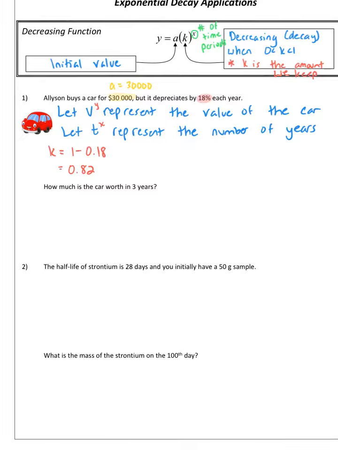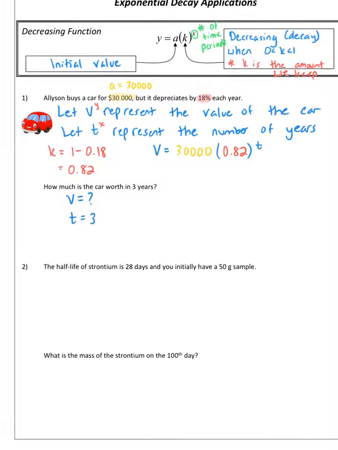So therefore our equation is V equals the initial amount, 30,000, times the K, the base, 0.82, to the exponent T. In part B, we are asked how much is the car worth in 3 years? So what is the value of the car?